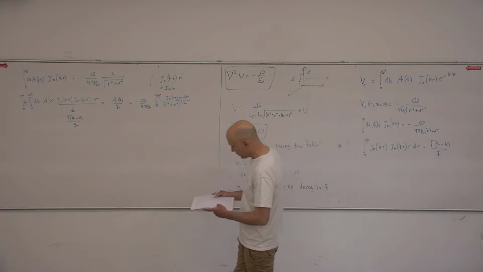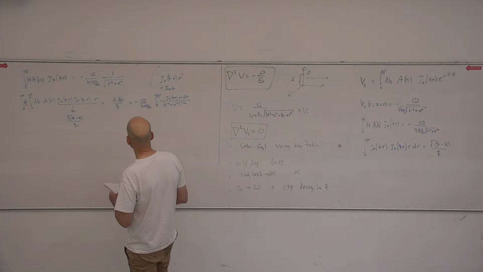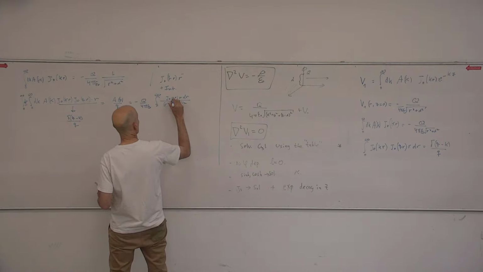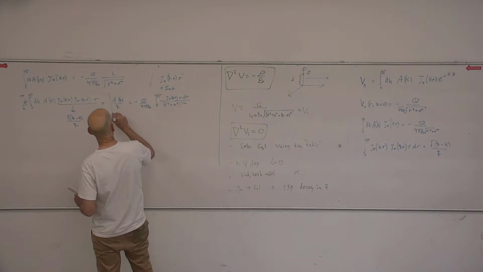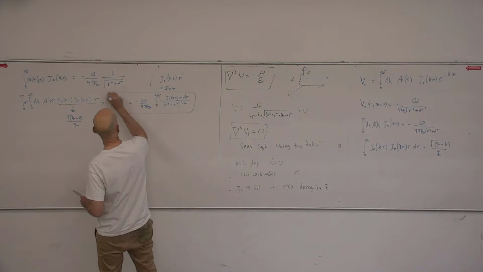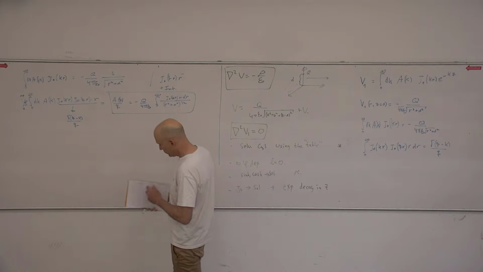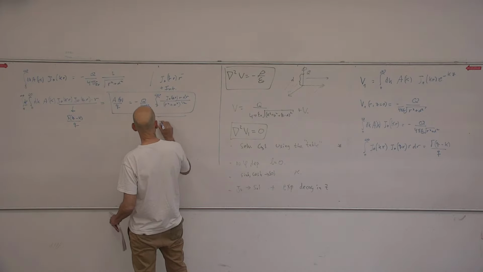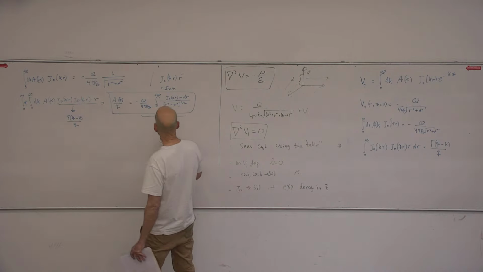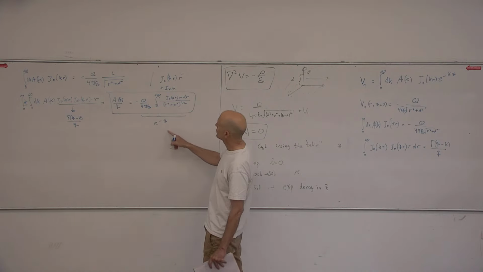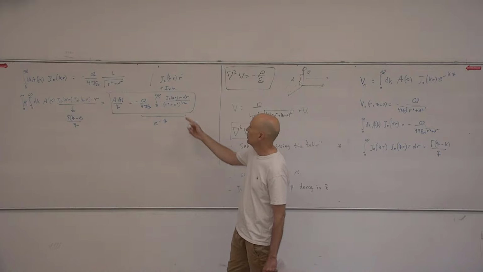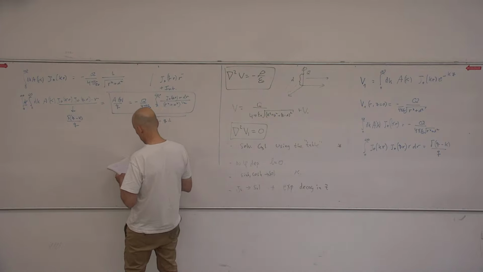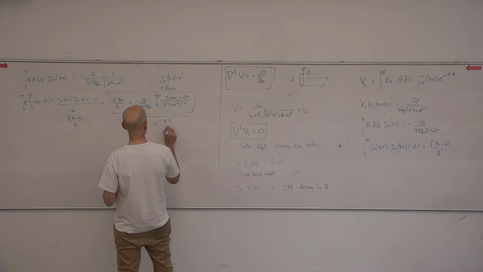So what we get, sorry, this is Q, is that all this integral is e to the minus q d, divided by q.